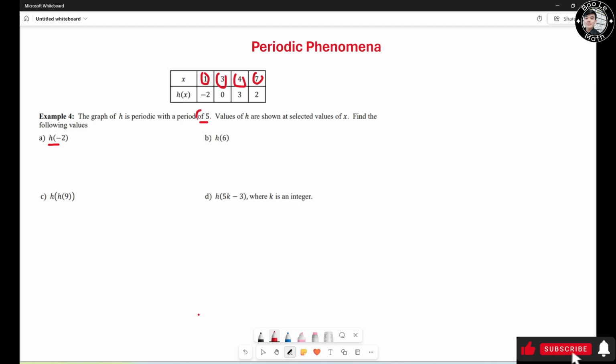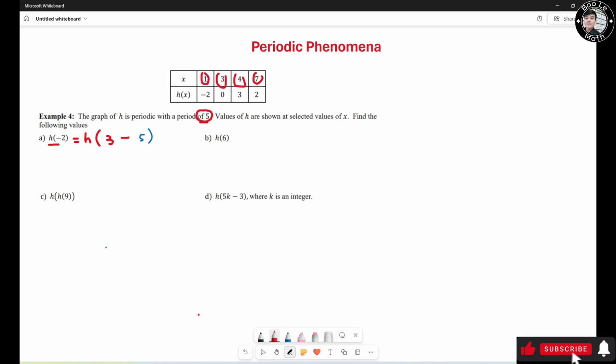So we need to use the period of 5 to rewrite this one in terms of the period of 5. So h of negative 2 can be written as h of parentheses. Now you need to put 5 right here, close parentheses. So negative 2 can be written as 3 minus 5.